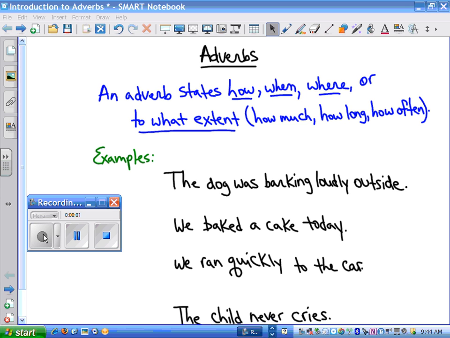So far, we've talked about nouns, pronouns, verbs, adjectives, and today we're going to talk about the adverb. And often we think about adverbs as describing the verbs in the sentence, but in fact they can serve other roles as well.